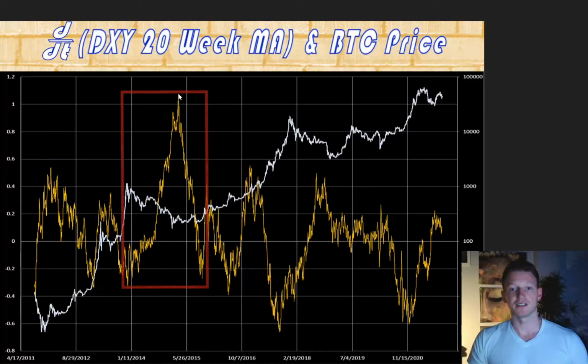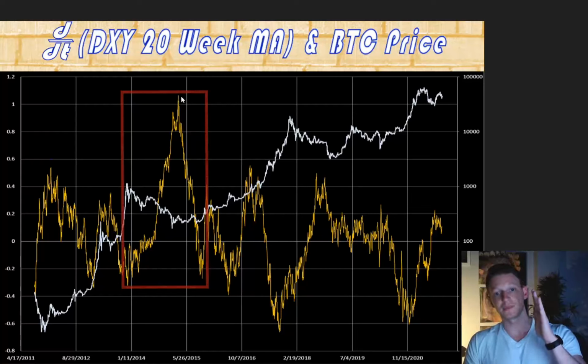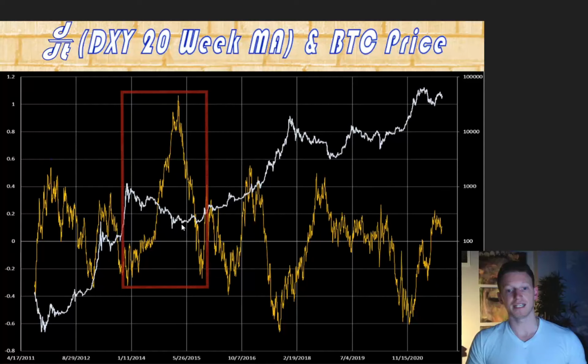So notice here, when DXY hits its fastest rate, so this is when it reaches the peak rate of increasing, when it does that, Bitcoin also hits its market cycle bottom, or right around it. This is actually the market cycle bottom, but this price right where DXY hit its max rate was very, very close to this.